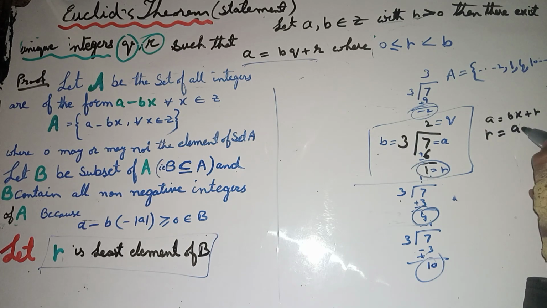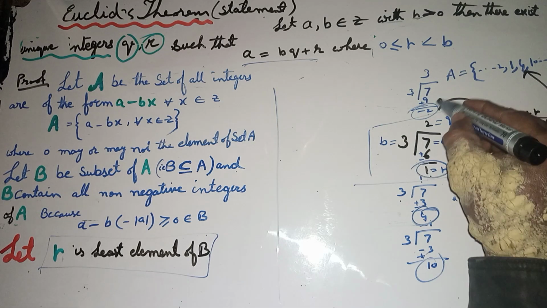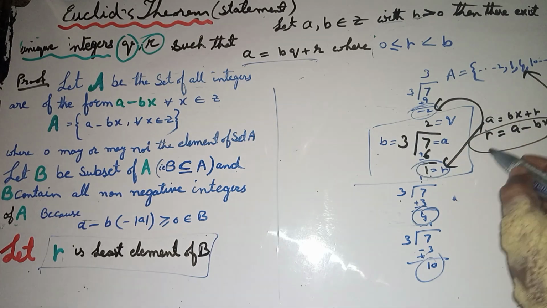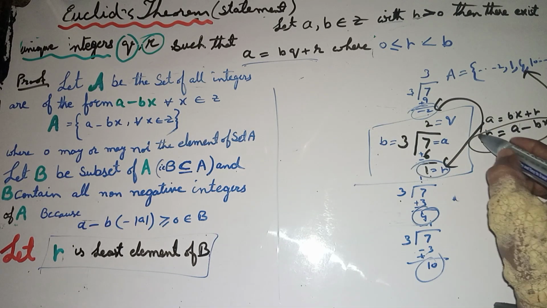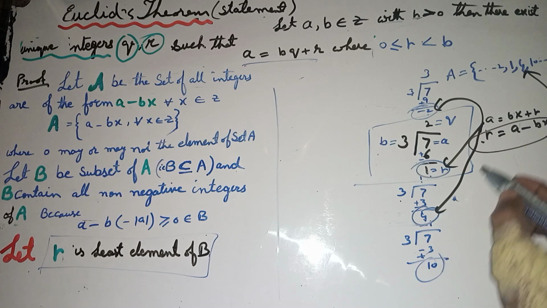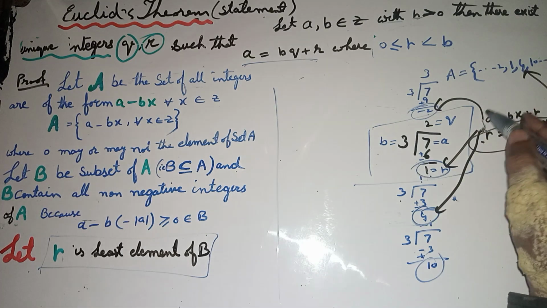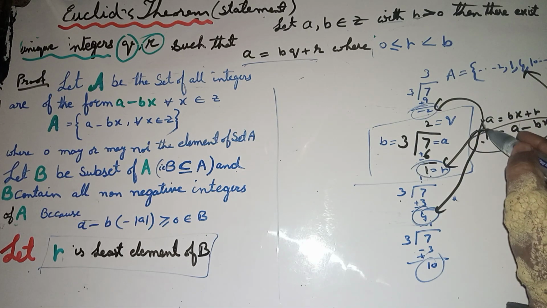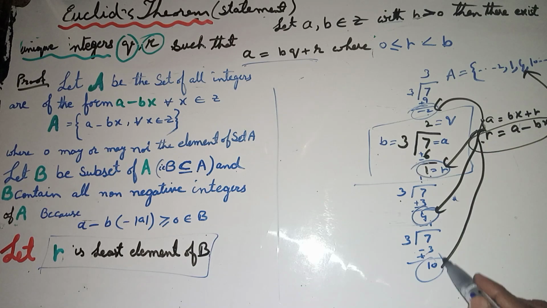R is equal to A minus BX. So all remainders are of this form. If I continue this process, all remainders will come here.